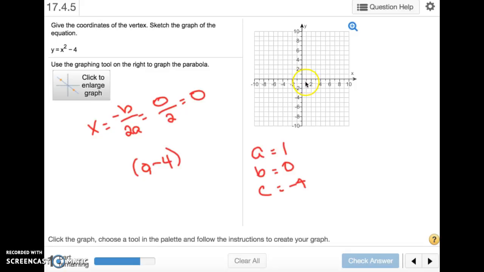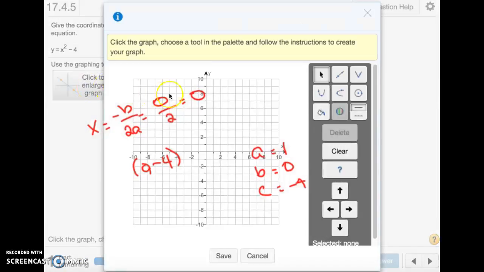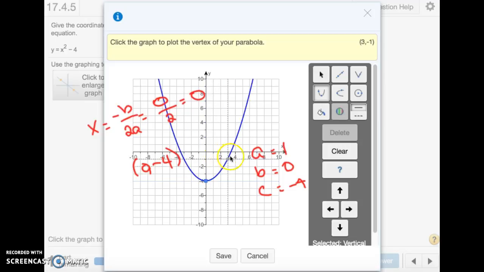So I'm going to go over here and click on the one that looks like the U shape. And I'm going to go to 0, negative 4 and plot my point. Now if I move my graph, you can see that it's going to be several different parabolas that are possible.